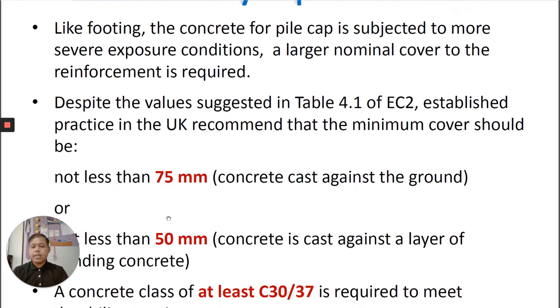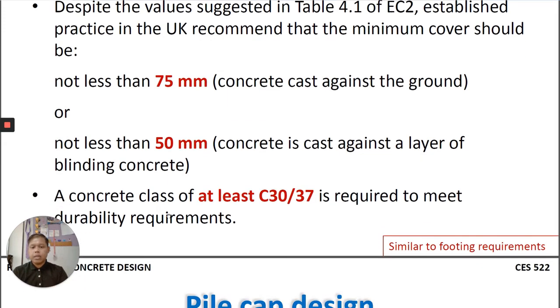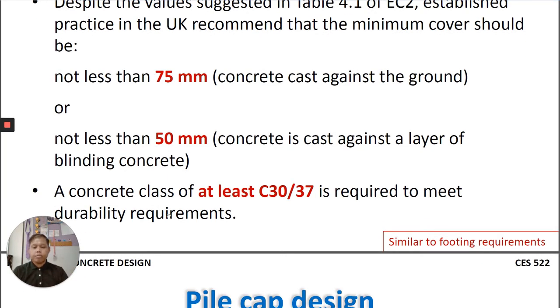Despite the value suggested in Table 4.1 in Eurocode 2, established practice in the United Kingdom recommends that the minimum cover should be at least 75 millimeters if the concrete is cast against the ground, meaning the footing or the pile cap is directly in contact with the soil, or not less than 50 millimeters if the concrete is cast against a layer of blinding concrete, where there is a layer of about 25 mm cast as blinding concrete before we lay down the footing or the pile cap.